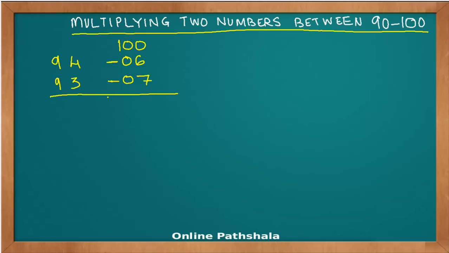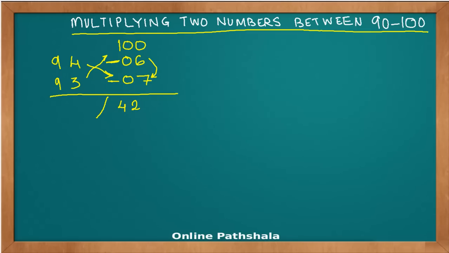Now we follow the method to find the answer. You multiply these two numbers. 6 sevens are 42, and because it is minus 6 into minus 7, this becomes positive. Now either you can subtract 94 minus 7, or you can do 93 minus 6.